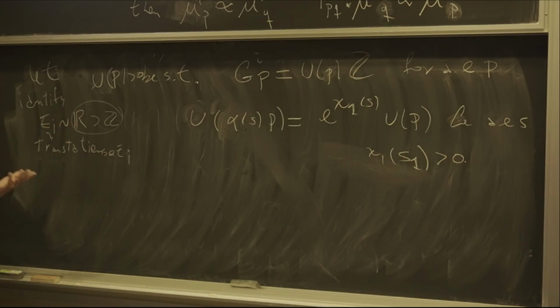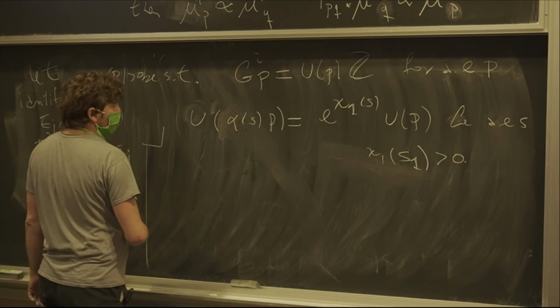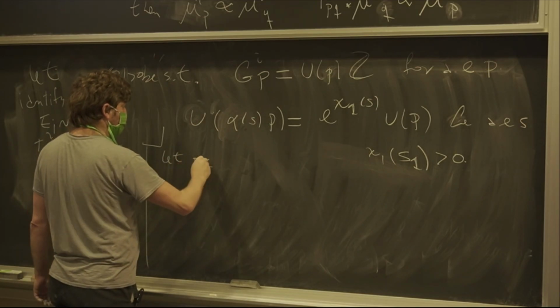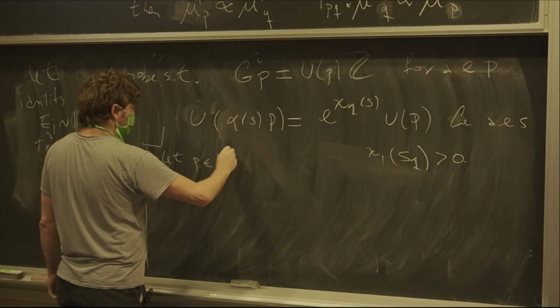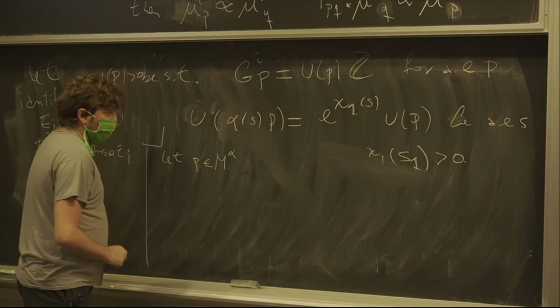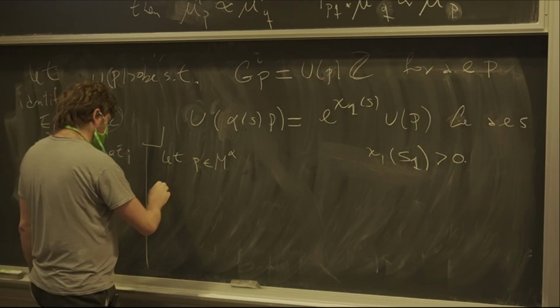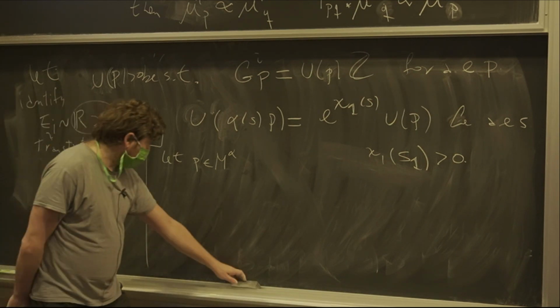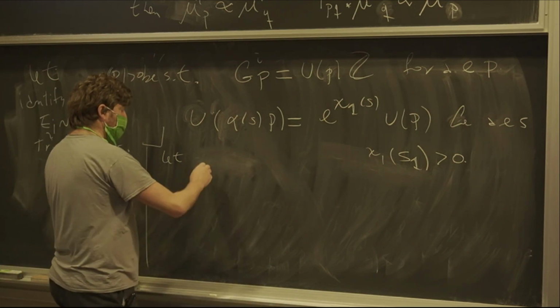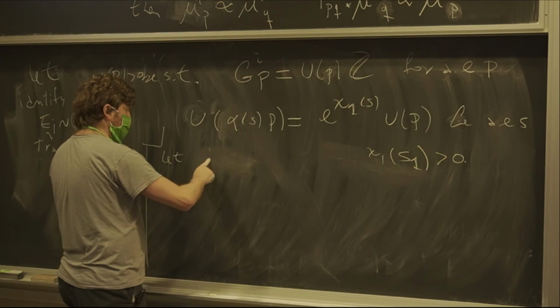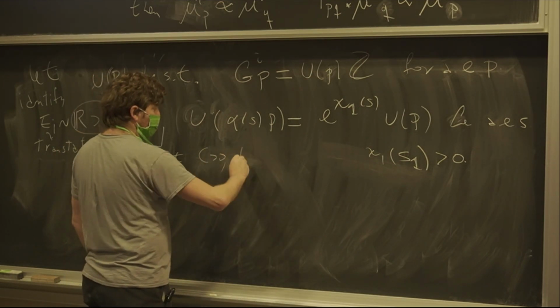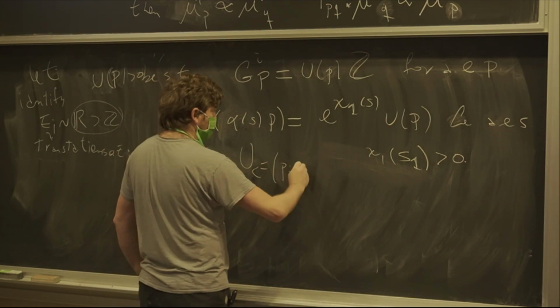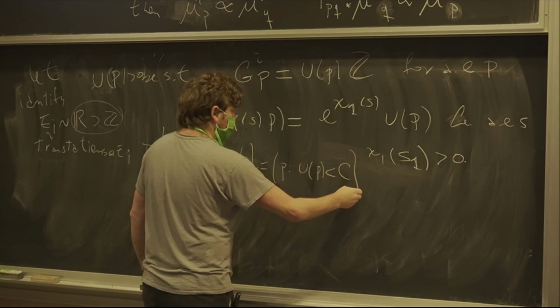And now I will go to Poincaré recurrence. Okay? So let C be positive, let UC be the set of p such that U of P is smaller than c.